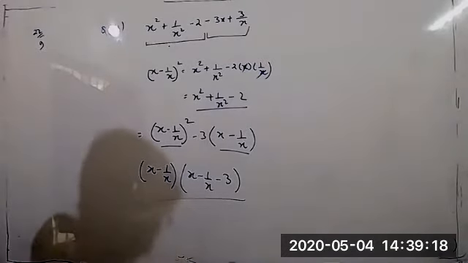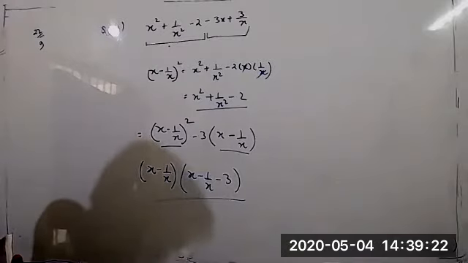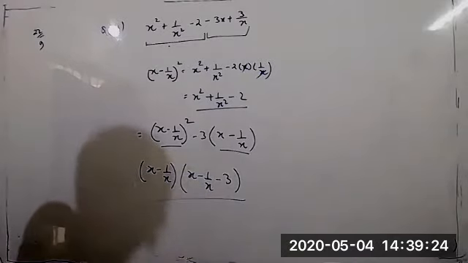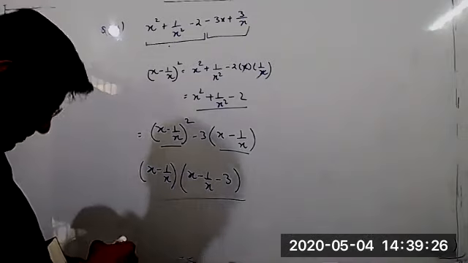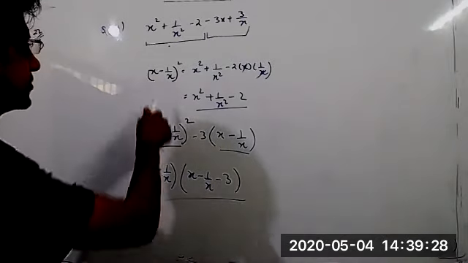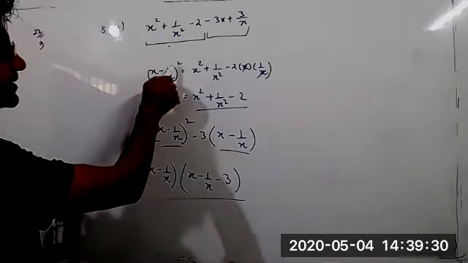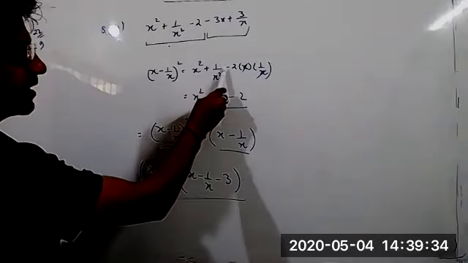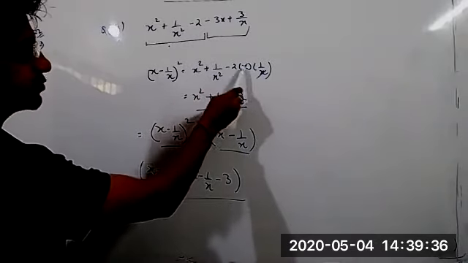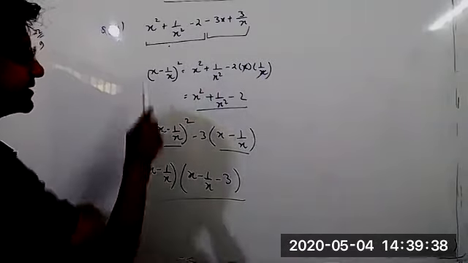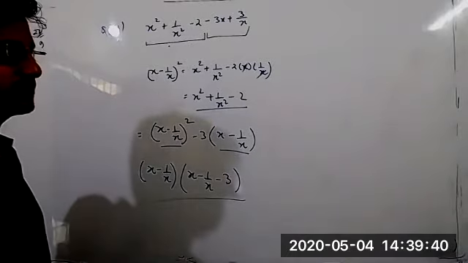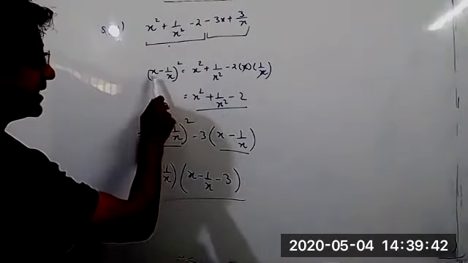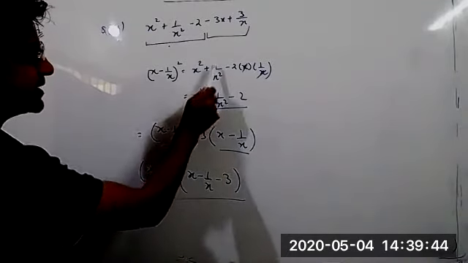Sir, could you just repeat it once again? Which step you have not understood? The part where you got x square plus 1 by x square minus 2. So if you write x minus 1 by x the whole square, how you can write? x square plus 1 by x square minus 2 into a into b. This is a minus b form. So a is what? x square. B is what? 1 by x.